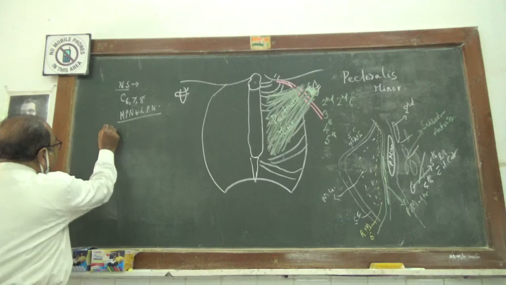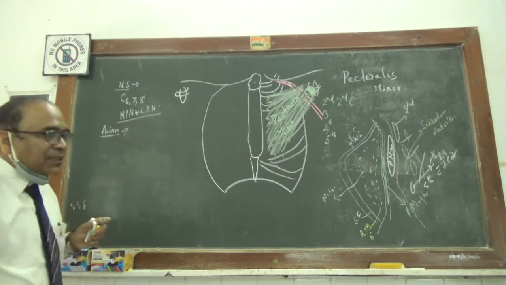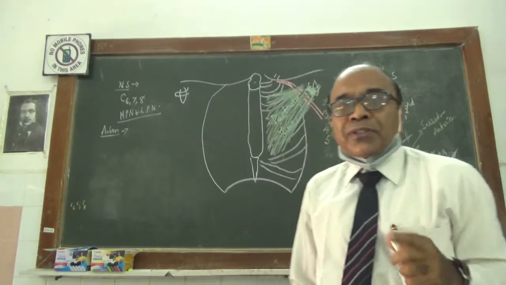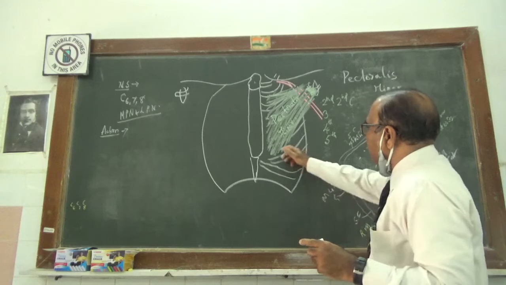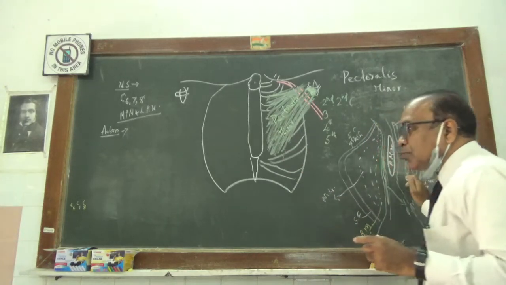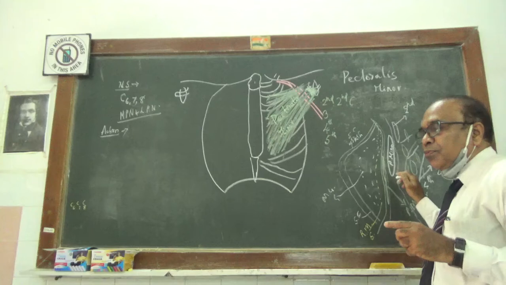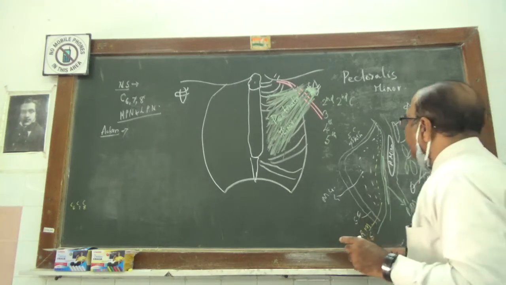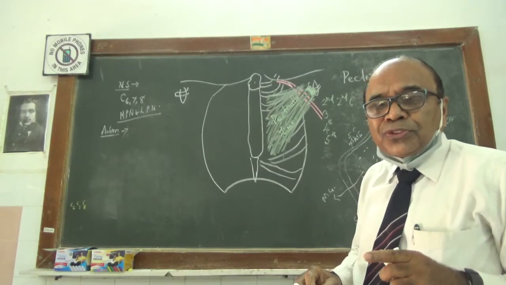So now what is the action? Action of the pectoralis minor is definitely that it is one of the respiratory muscles, because it takes origin from the second rib to the fourth, or third, fourth and fifth sometimes, and their costal cartilage is a very small portion.